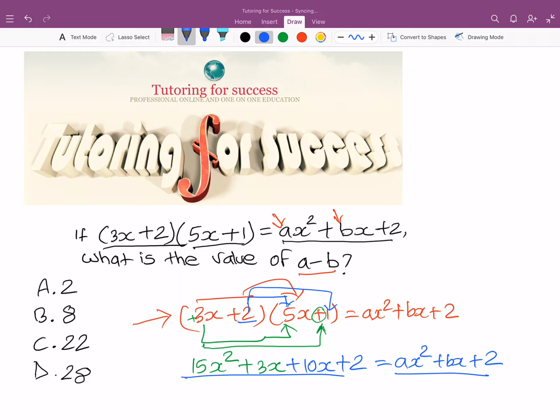In this problem we don't, so we're just going to write 15x squared and then move on. Next I have 3x and 10x. They are like terms and they're both positive, so I'm going to add them. That will give me 13x, and I'm done with those terms. And then there's a constant, which is by itself, so just copy it down as it is.